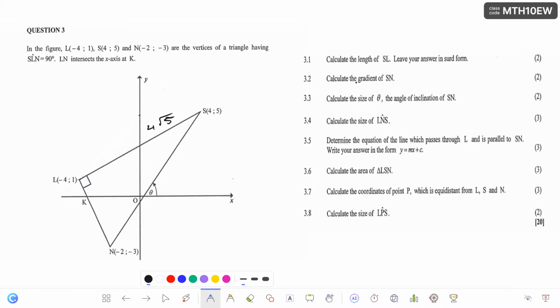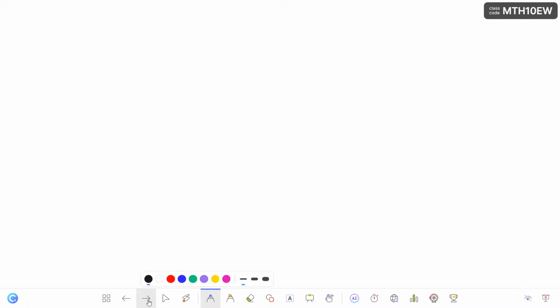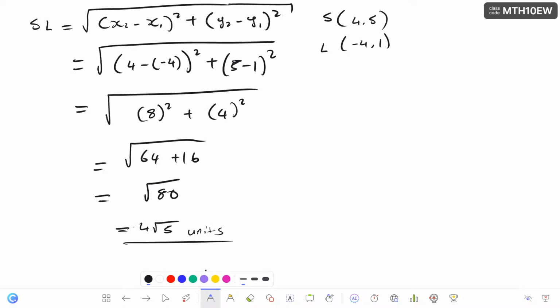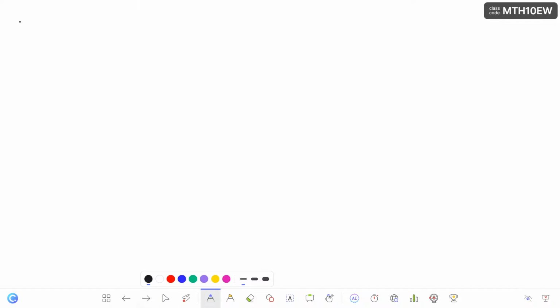Now they said calculate the gradient of SN. Since we have the coordinates, this one is going to be easy. This is 3.2, and the gradient of SN is going to be y2 minus y1 divided by x2 minus x1.